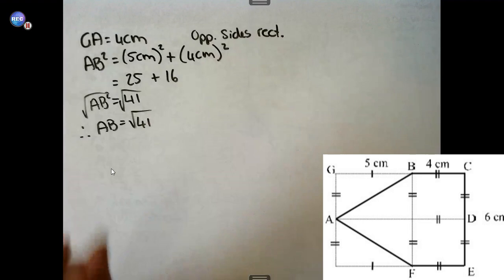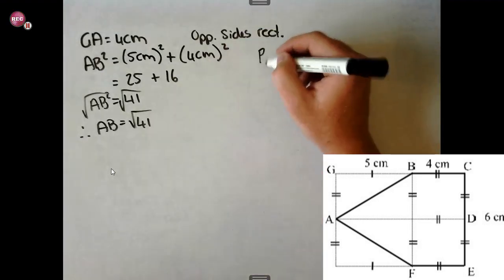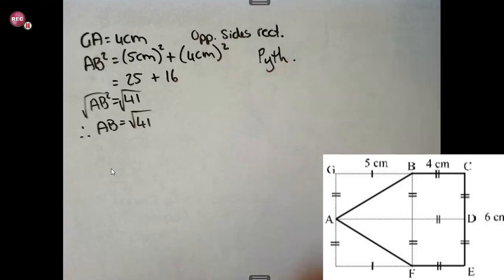So the method that you followed here was obviously Pythagoras. And what we need to do now is go and calculate the perimeter of that shape. To calculate the perimeter, you're going to have more than 4 sides that you're going to add together.